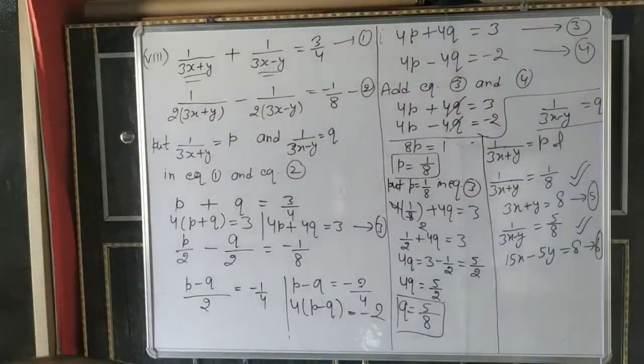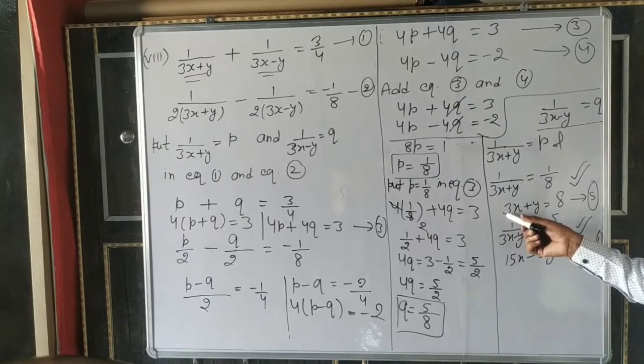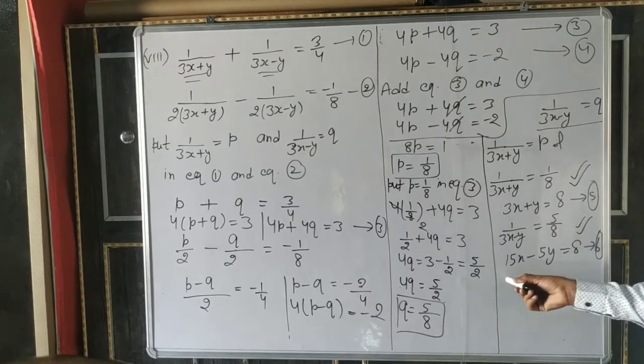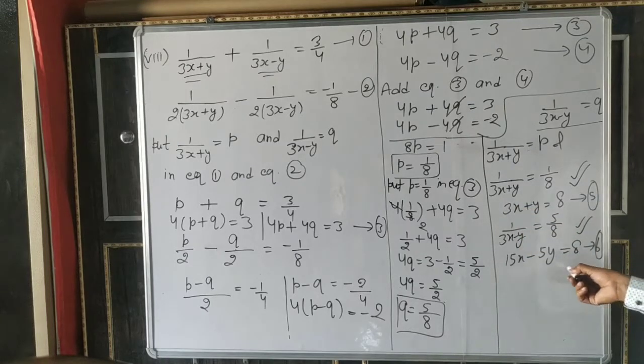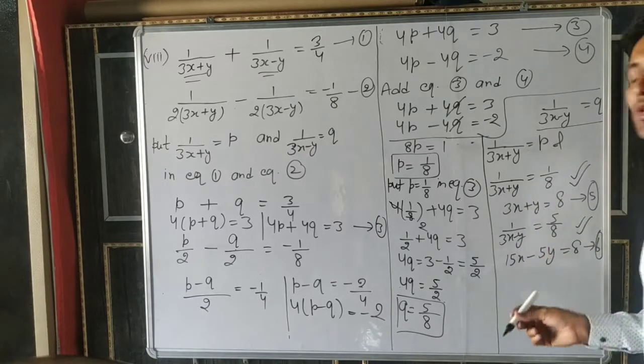So what will we do? We will make the coefficient of x or y equal. It is 15, it is 3. So what number will you multiply by? By 5. Multiply equation 5 by 5. Or it is 5, it is 1. So multiply by 5. Please do it yourself.